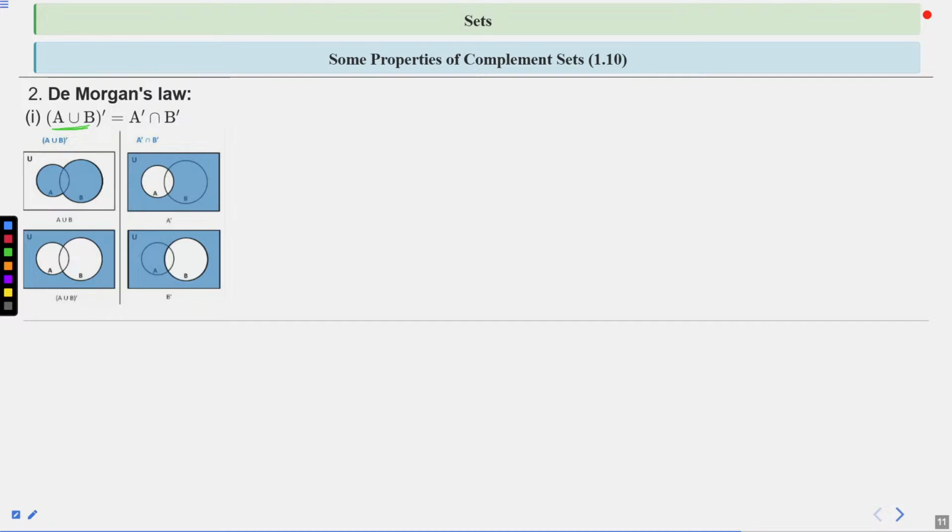You have your universal set and two subsets of U, A and B, represented by these two circles. A union B represents the shaded area, this blue shaded area, which is covering both A and B parts. Clear?